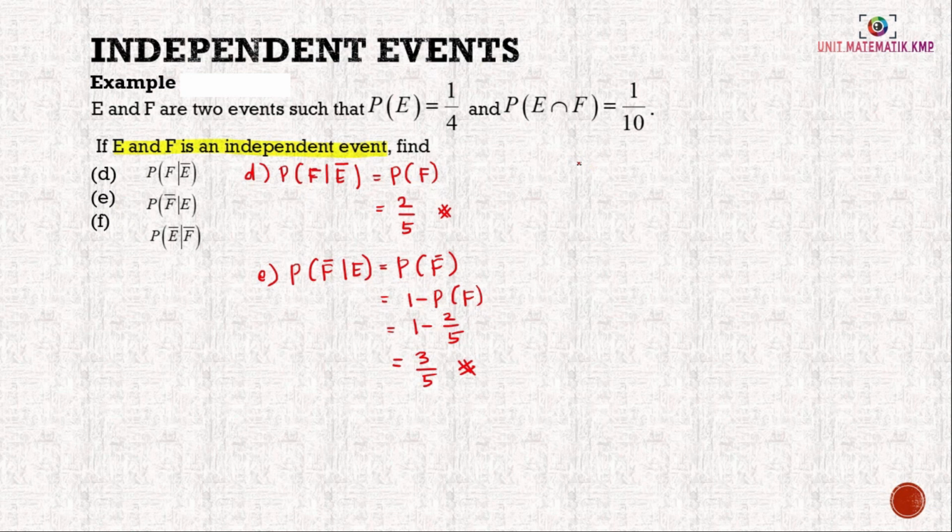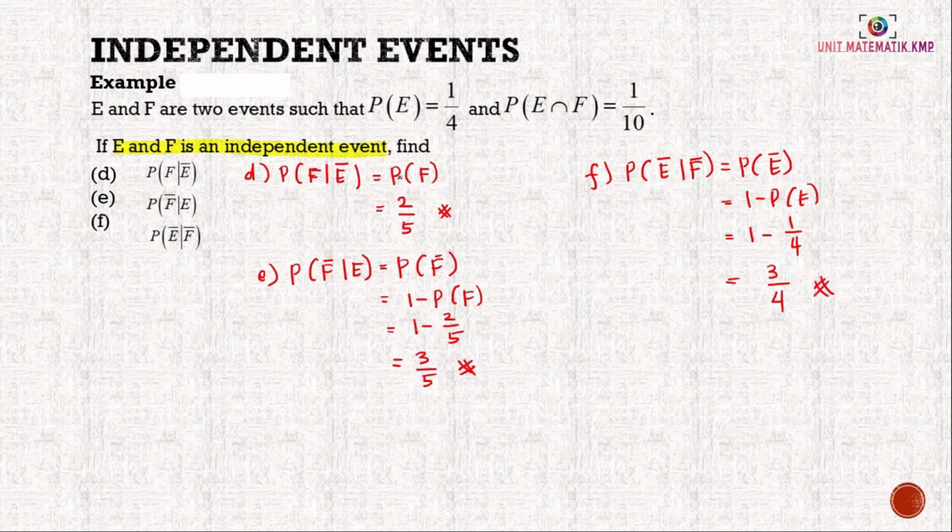Okay, sama juga untuk soalan F. You need to find the probability of E bar given F bar, which is equal to PE bar. So, 1 minus PE. So, 1 minus PE is 1/4. So, answer is 3/4.